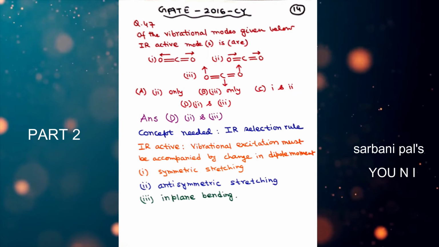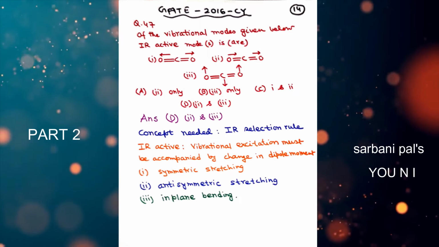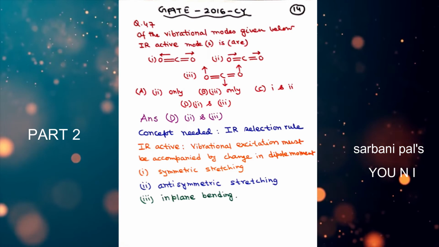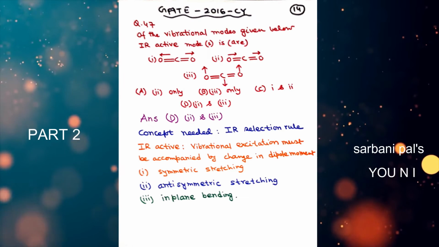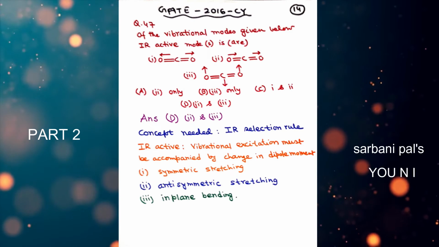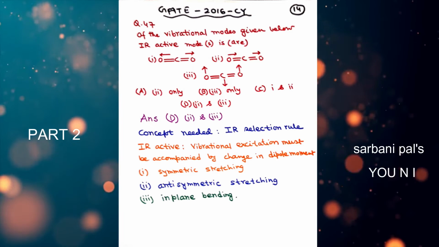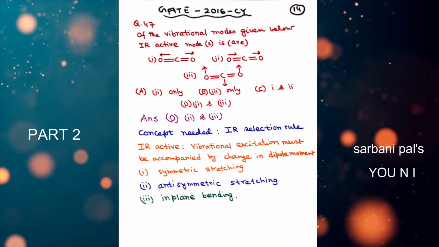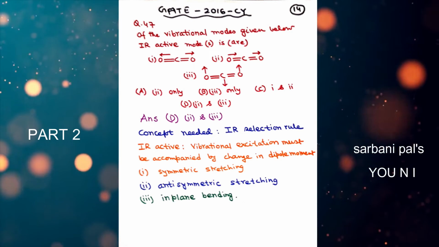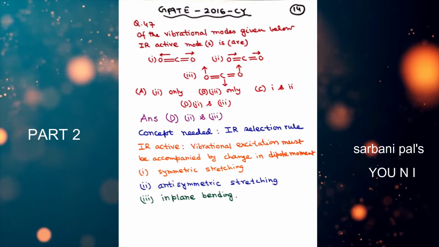Structure 1 is the symmetrical stretching of carbon dioxide, which is not associated with any change in the dipole moment, so it is IR inactive. Coming to structure 2, it is the antisymmetric stretching of carbon dioxide, which is IR active because there is a change in the dipole moment during this stretching.